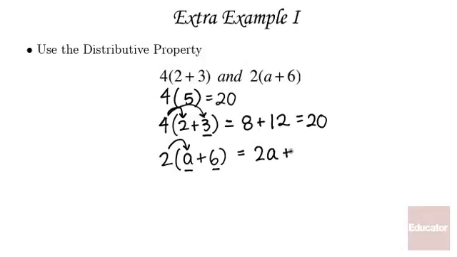You're going to write your plus sign, and then take your outside number, multiply it to that second number. 2 times 6 is 12. Okay. Now right here, 2A plus 12. Again, I can't solve that out because I have a variable here, and this one doesn't have that same variable. So my answer will just be 2A plus 12. Okay, you're going to leave it like this, 2A plus 12.